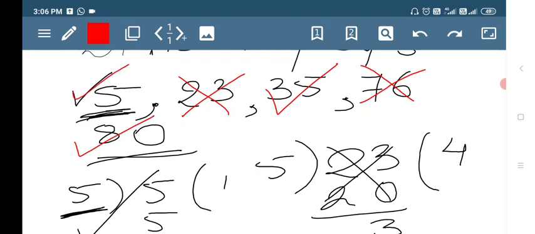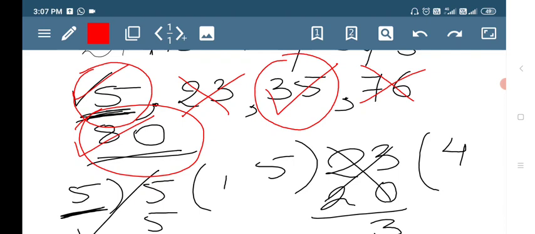So what could be your conclusion, dear students? Yes, very good. Any numbers ending with 5 or 0 are divisible by 5. Understood? Any numbers ending with 5 and 0 are divisible by 5.